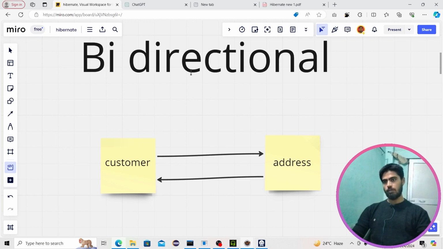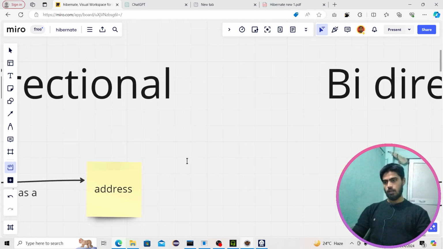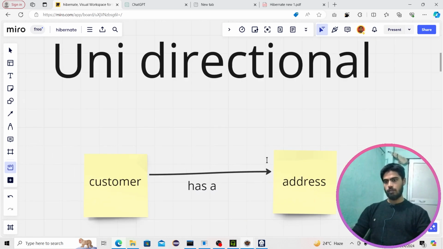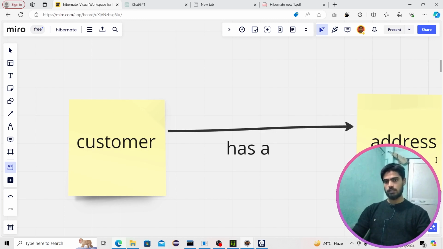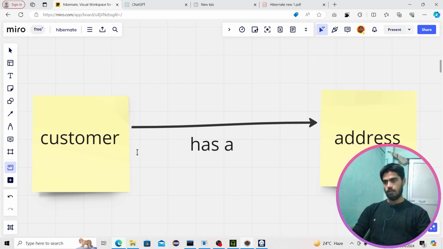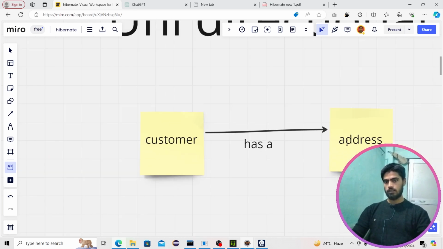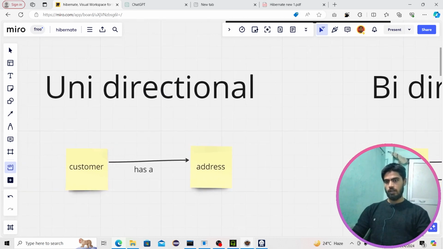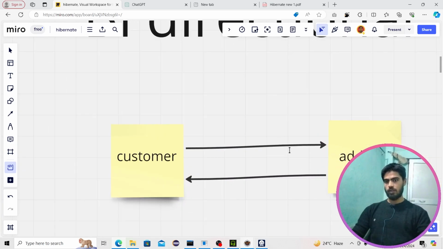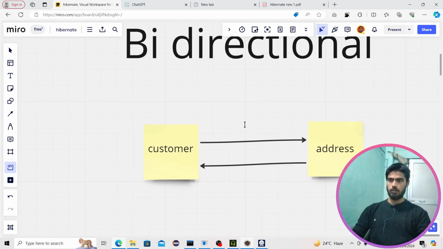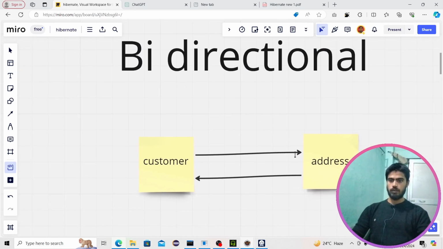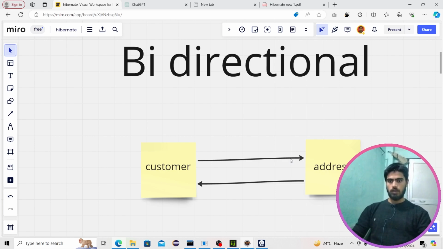Then this becomes bidirectional. If it is unidirectional, only from one side can you access the other entity. From customer you can access the address, but if you can also access from address to customer, then it becomes bidirectional. What if it is something like this?